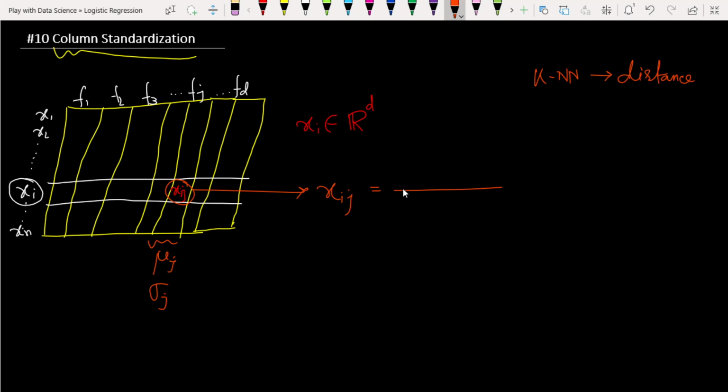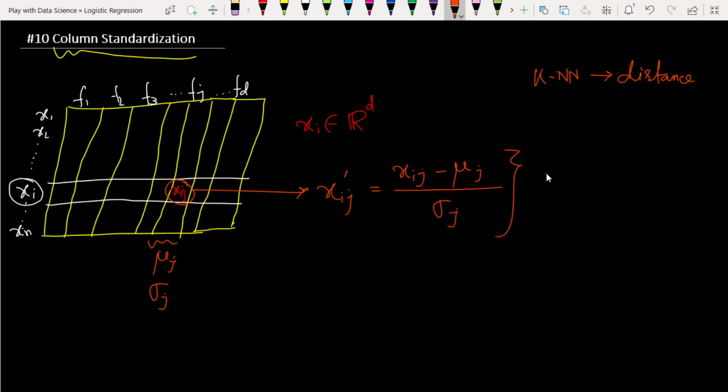After standardization it is called xij dash. How? We take our original data, subtract the mean, then divide by sigma, the standard deviation.